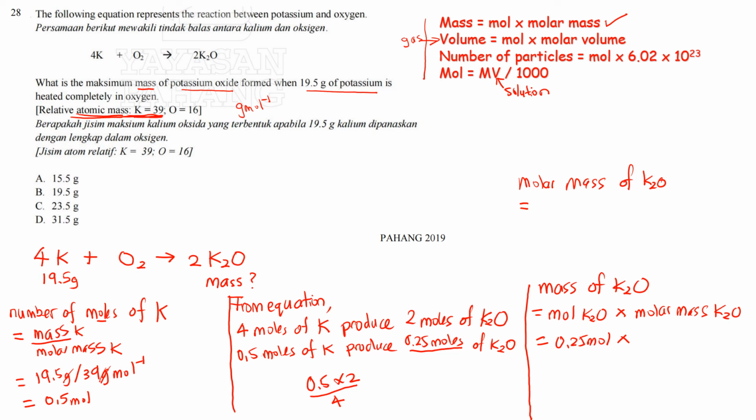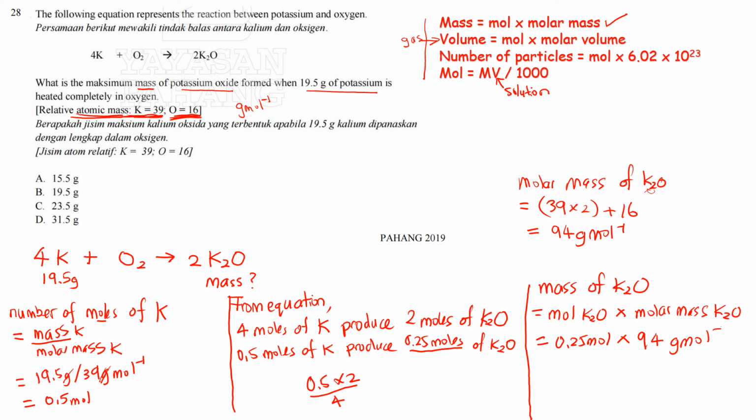So the molar mass for potassium is 39. You have 2 potassium, so times 2, plus oxygen. The molar mass of oxygen from the question is 16. You will get 94 gram per mole.